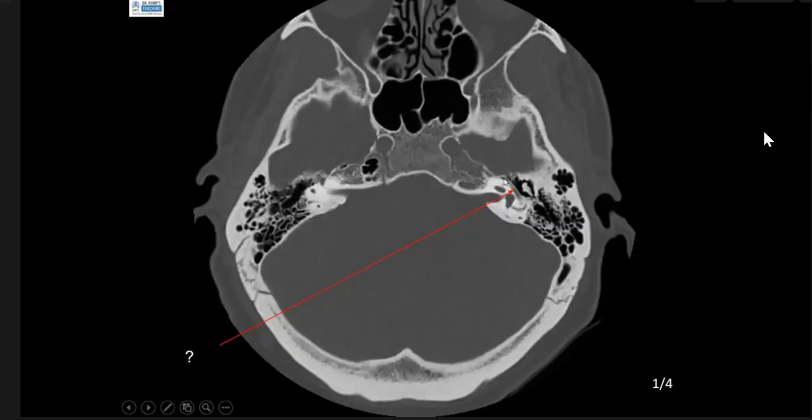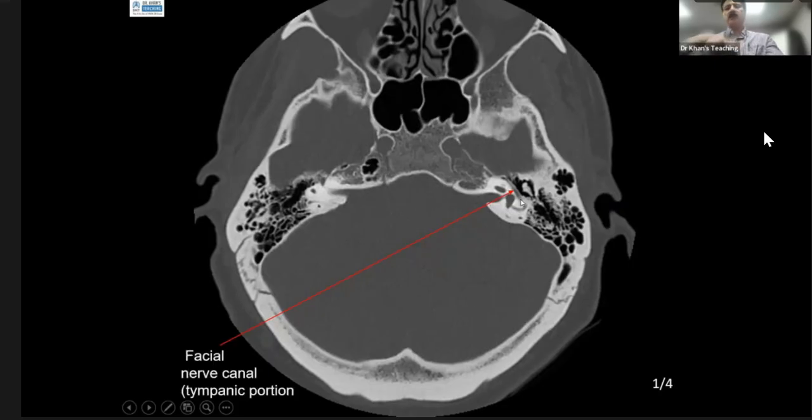You are absolutely right that this is the facial nerve canal, but the facial nerve has various parts around the temporal bone. My idea of learning temporal bone is around the facial nerve. If you know your facial nerve, around that knowledge you build your concepts.